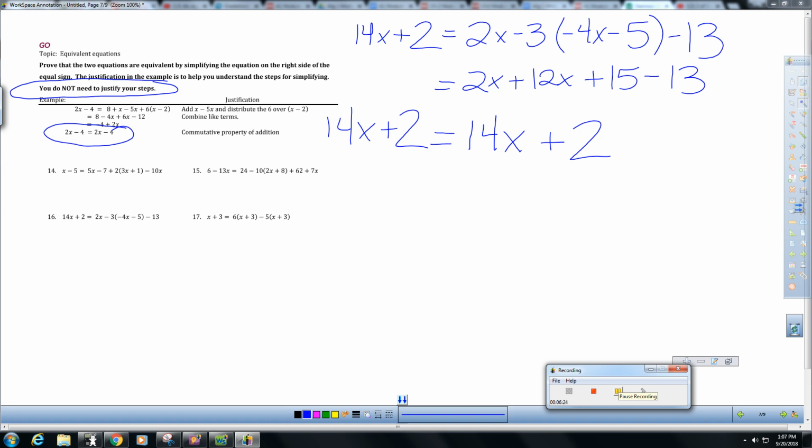Check out my steps. Here, I distributed to get to here. Then I combined like terms, and I wabammed. I didn't boom, I wabammed. Wabam means I'm done with the problem. You know what boom means, and that wasn't a real boom, it was just a demonstrative boom. Clearing the swing.